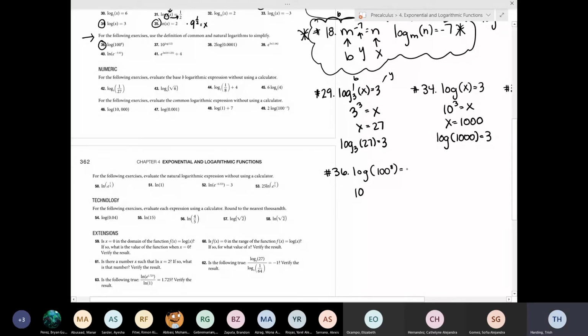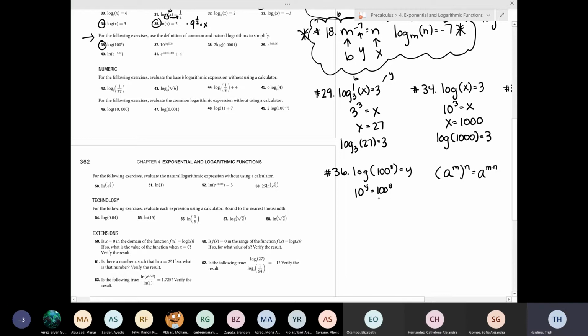We can say it's equal to y. And that's going to equal 100 times 8. So we're going to need to remember some of the rules of exponents here. One of the most popular ones that they like to use would be a to the m to the n is equal to a to the m times n.